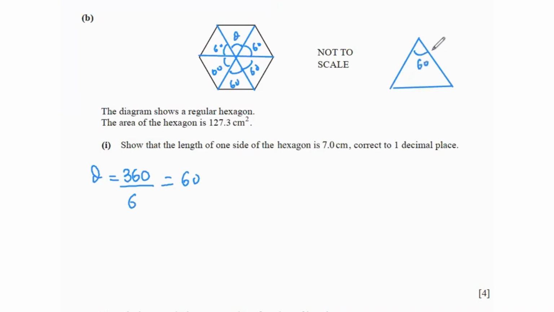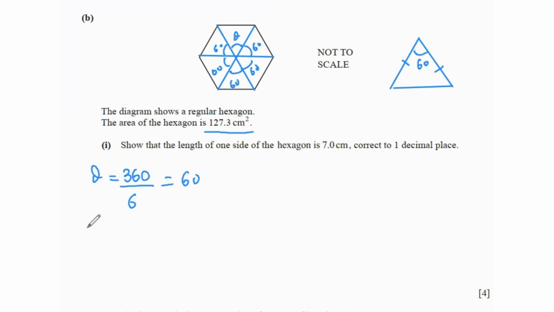Now, if we draw this triangle separately over here, this is 60, okay? They have given us the area of the hexagon, which is 127.3 centimeters squared. This length is going to be the same because it's a regular hexagon.